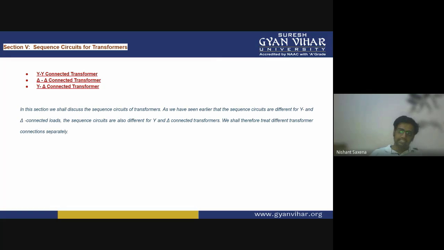So in this section we shall discuss the sequence circuits of the transformers. As we have seen in the previous lecture that the sequence circuits are different for star and delta connected loads, the sequence circuits are also different for star and delta connected transformers. So we shall treat the different transformer connections separately. We cannot merge them with the star and delta.